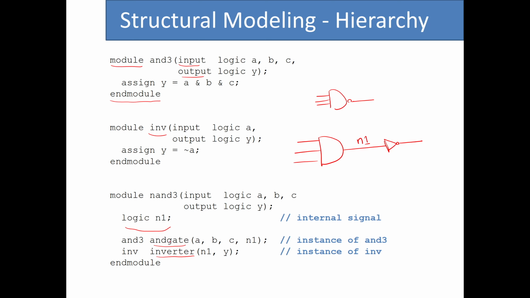So this one is called AND gate, and it is an instance of AND3. This one is named inverter, and it is an instance of the INV module that we had before. Of course, in later videos, we will go into much more detail about these requirements and functionalities of System Verilog.